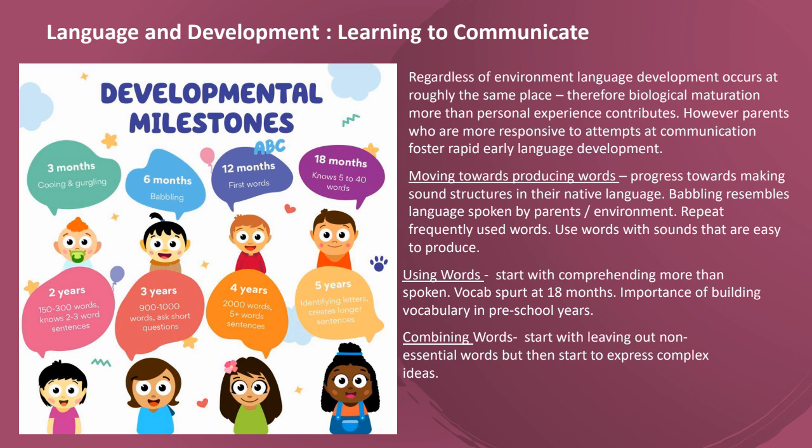But whatever words are produced really are supported by the environment in which they're raised, their native language, their home language, things that they're exposed to in terms of language. So the environment does have an impact on the process of language development, even though it is driven from a biological perspective.